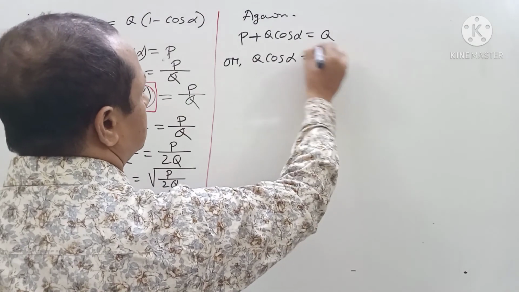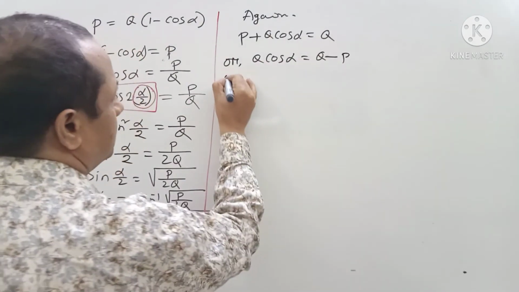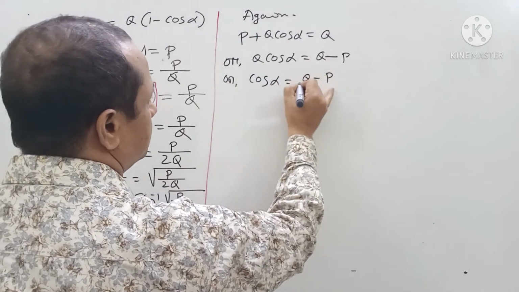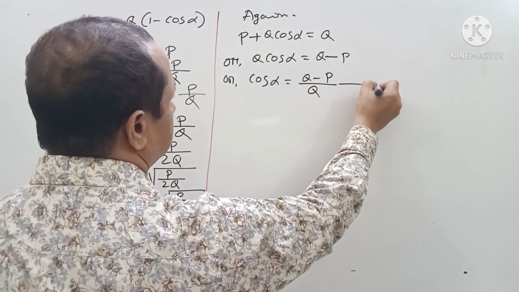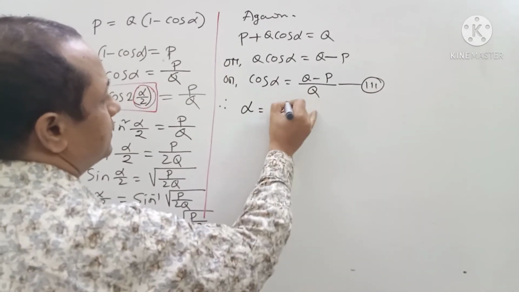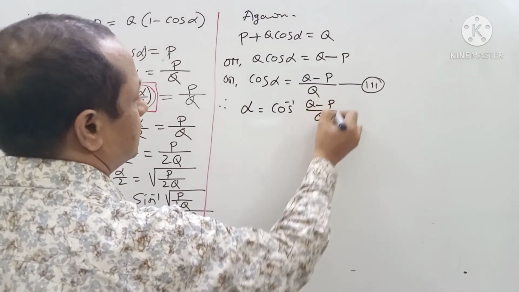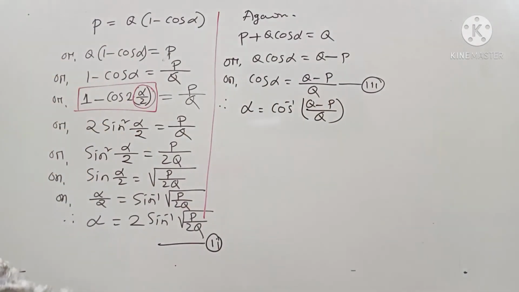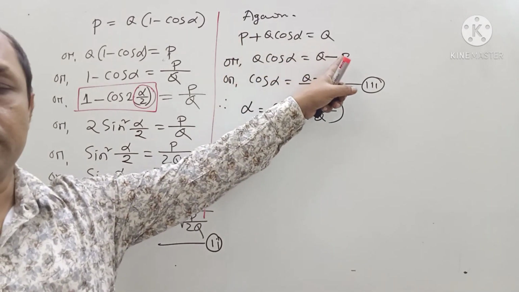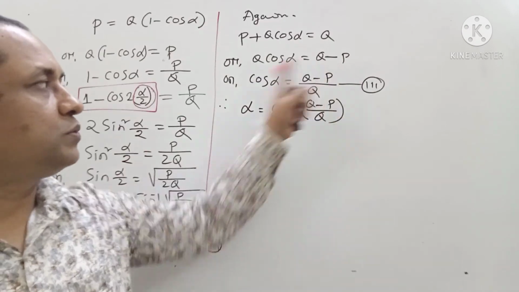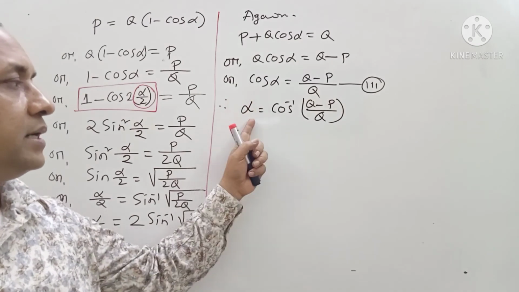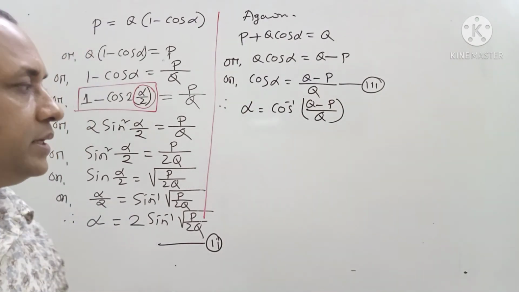So cos alpha equals Q minus P by Q, equation number 3, and alpha equals cos inverse Q minus P by Q, equation number 4.